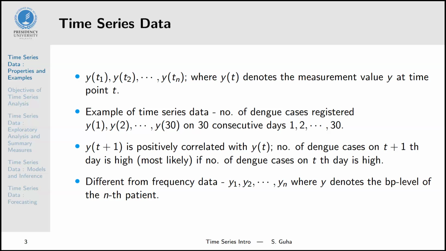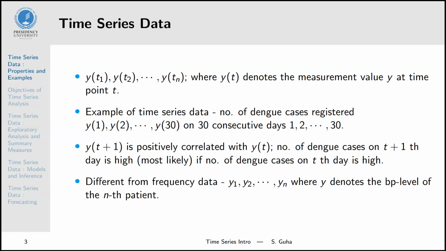So when I say it is positively correlated, I have just used something like "most likely". So there is a high chance it is positively correlated, but high doesn't mean it is increasing. You understand?